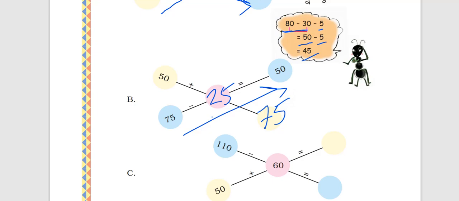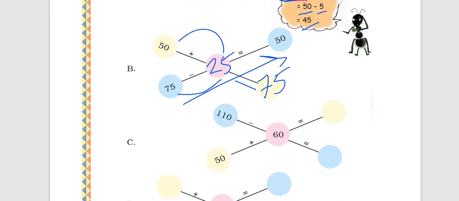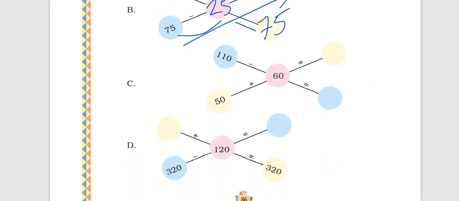Right? 75 minus 25 is 50, and 50 plus 25 is 75. This is just like we did the verification for Rashi's problems in part 1. So once again, the link to the video of part 1 is in the description below.